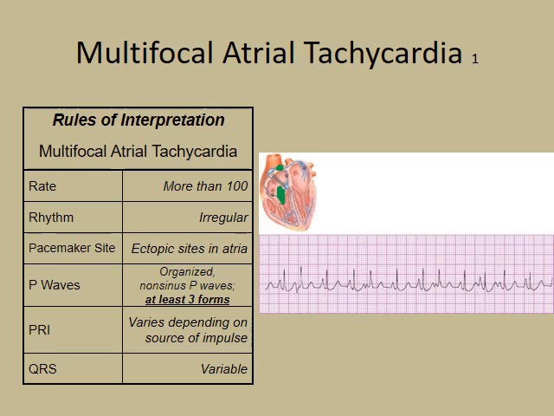So that PR interval has a little variance with multifocal atrial tachycardia. However, the QRS complex can vary also. It can be a little wide or it can be narrow. Like I said, the difference between wide and narrow is less than 3 little boxes on your EKG strip or over 3 little boxes on that EKG strip.